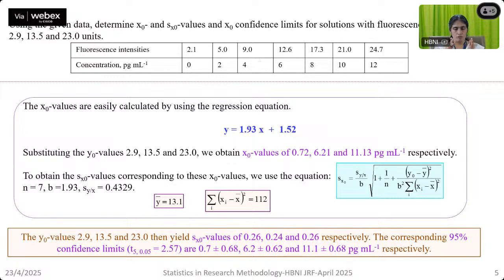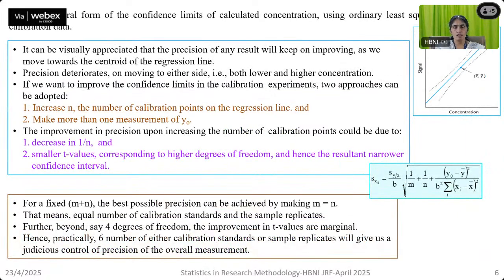That means the quality of the data improves as we move from either side towards the centroid of the calibration curve. So ideally, if you are in and around the centroid of the calibration function, quality of data will be improved to the extent possible from the calibration.